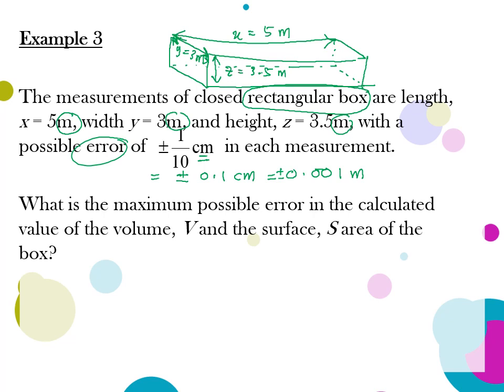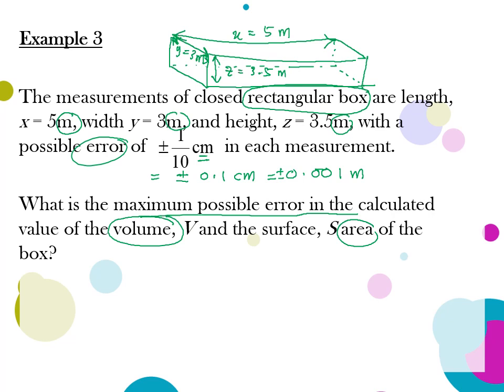So what is the maximum possible error in the calculated value of volume and the surface area? So you need to find two things here. First, the volume of the rectangle, and the second is the area of the rectangle. So find the maximum possible error.